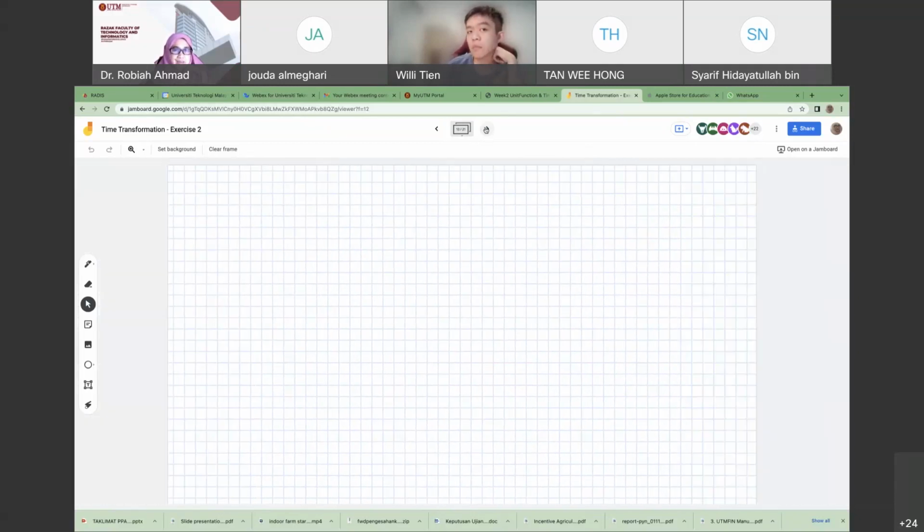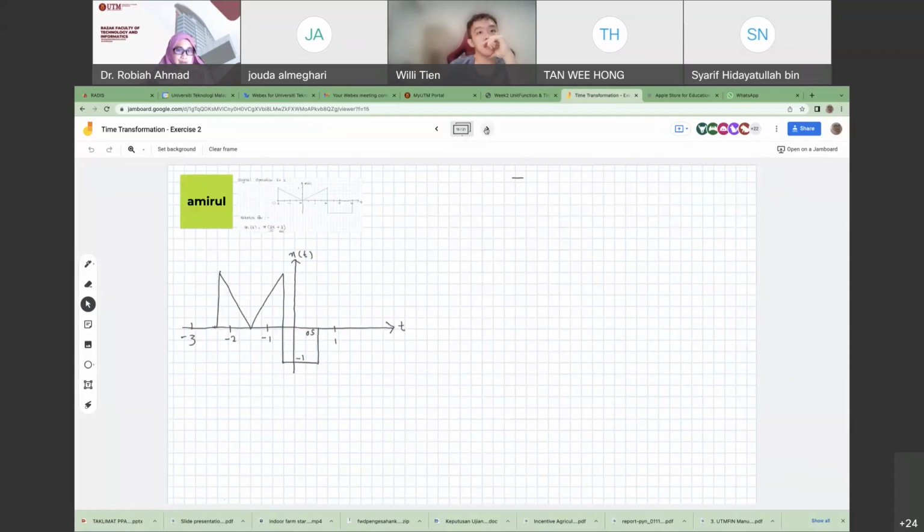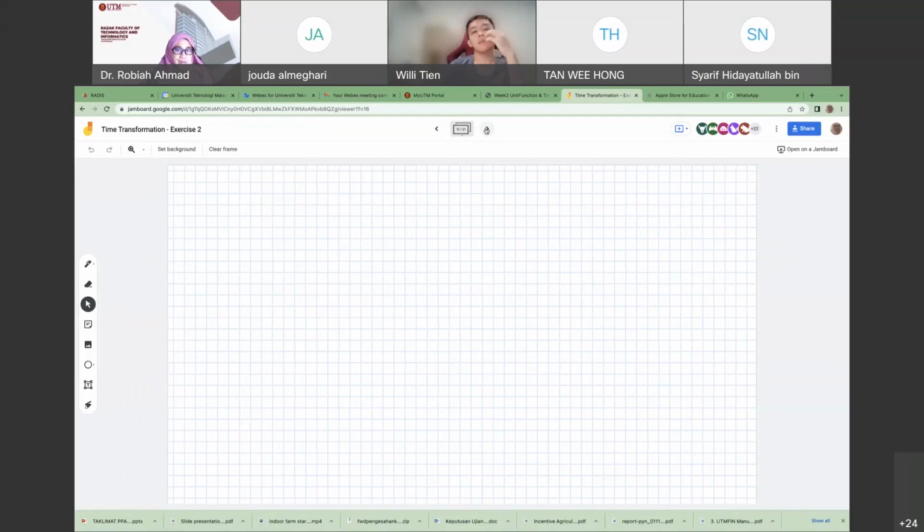Not yet, many zeros in this one, Takif. Takif, the shift is not 3 because the t is actually 2t, not t. So the shift will be 3/2. Okay. Amirul, okay. And the others are not finished.